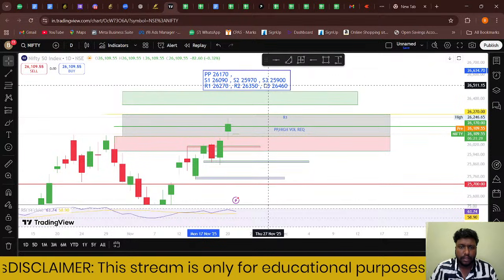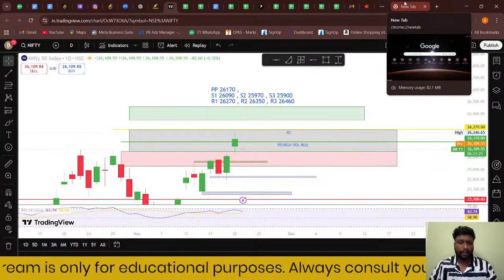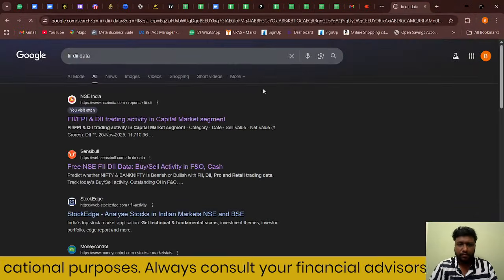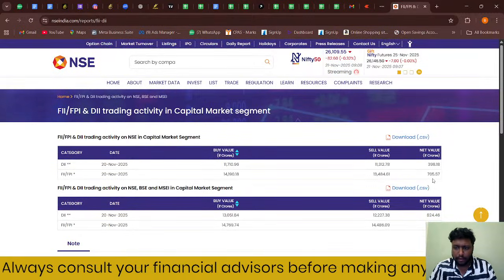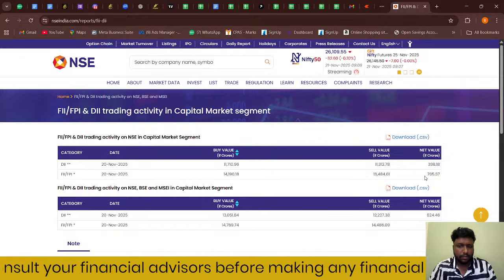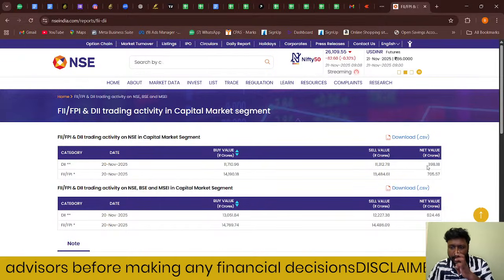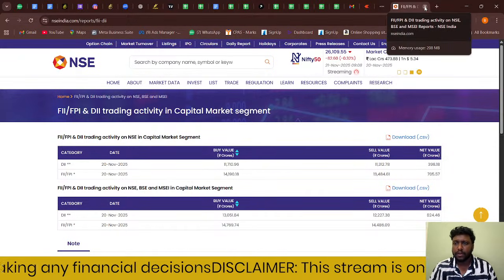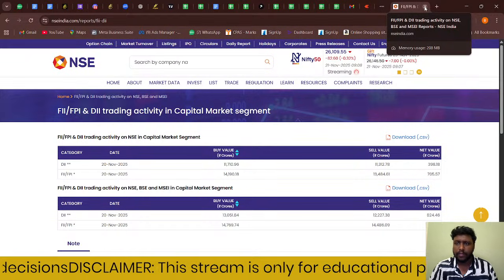So we will see if it is going to sustain in this downside direction. We will quickly look at the FII data. Both DII and FII are on the positive side, similar to yesterday. They have added nearly 400 and 700 crores of rupees into the equity cash market.